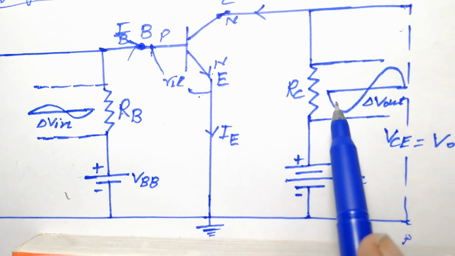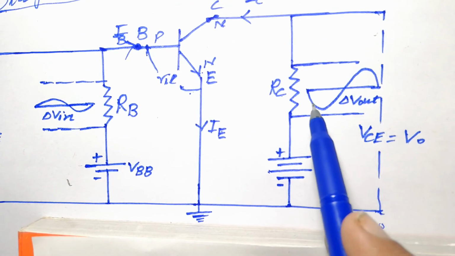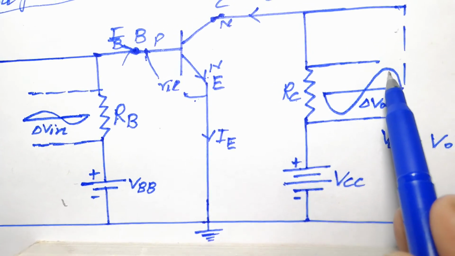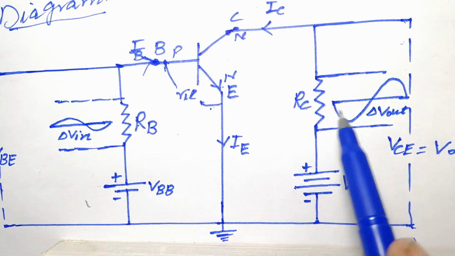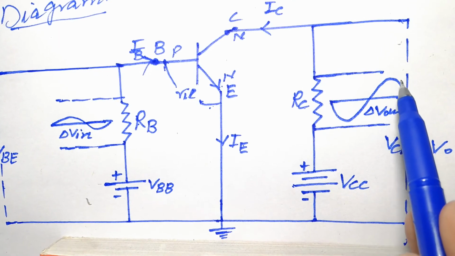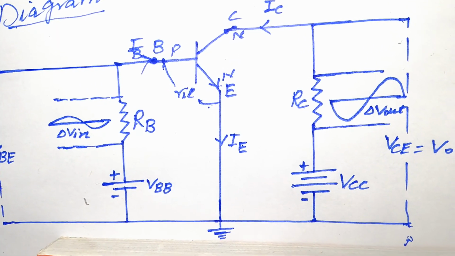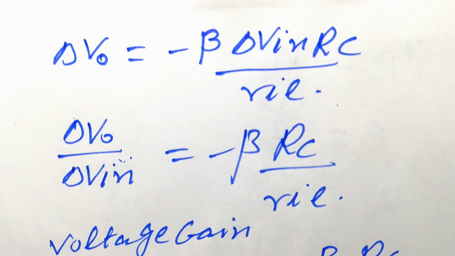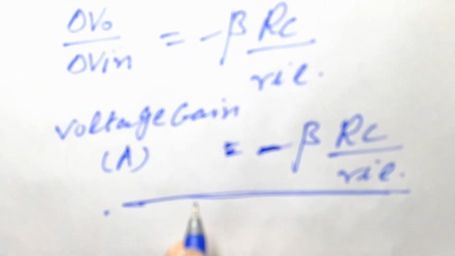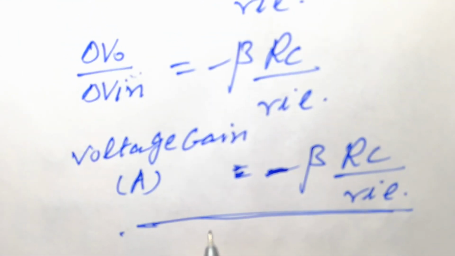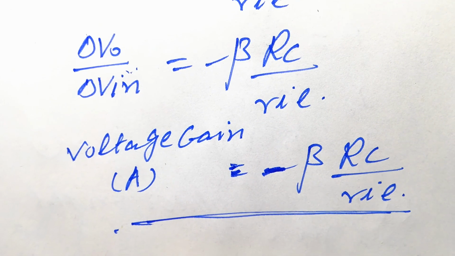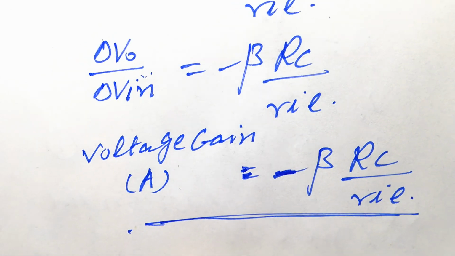If you look at the output signal, it is amplified, but there is a phase shift of 180 degrees. The input starts from the positive cycle and the output starts from the negative cycle. So that's about the transistor as an amplifier, students. That's the article. Thank you all, students.